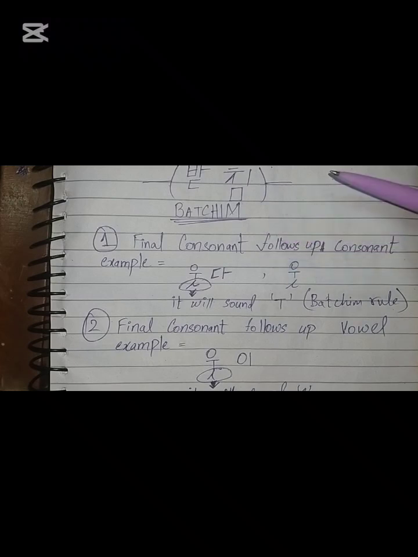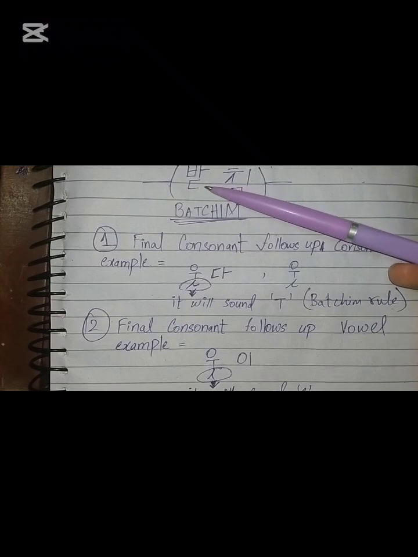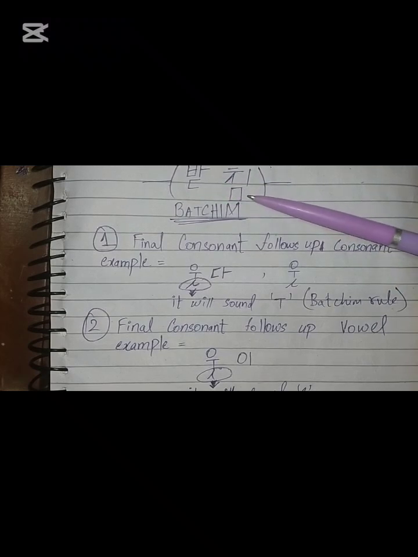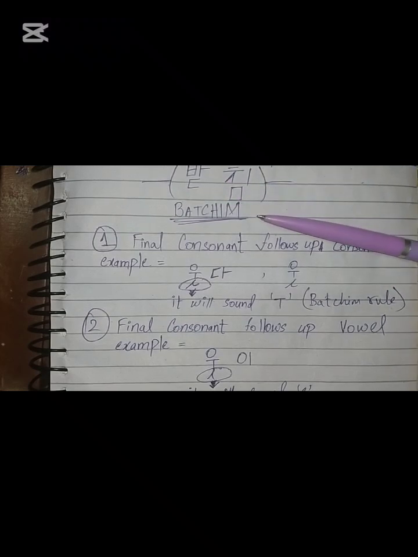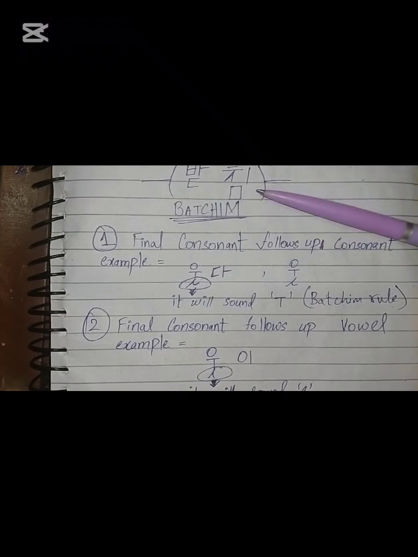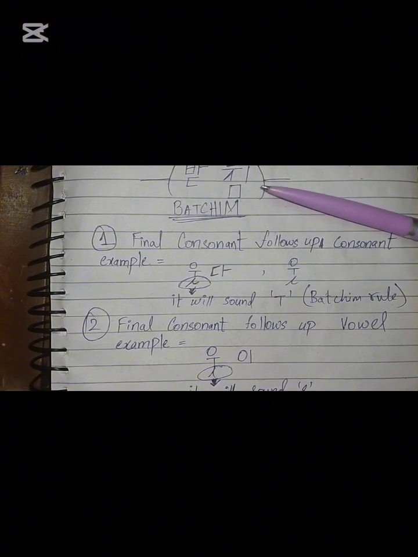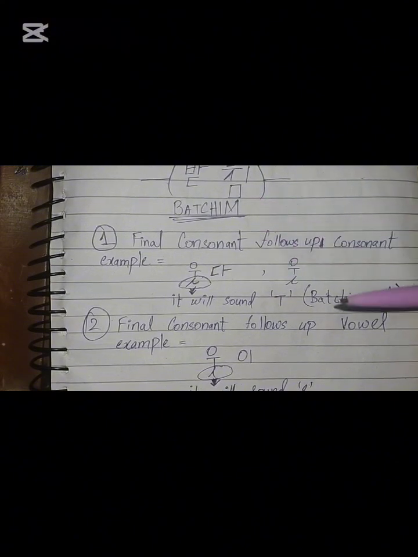Basically, Batchim is the final consonant in Korean. In any syllable, when there is a final consonant, it is known as Batchim. Like this one, this is the Batchim of this syllable. Whenever there is a final consonant in a word, it has a different sound. There are 7 sounds that are used in Batchim, and no other sound is used.